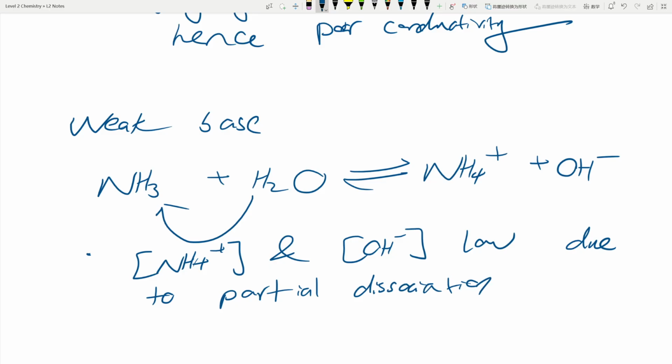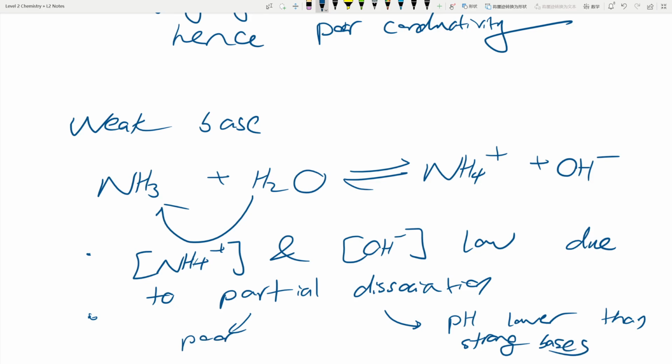Due to partial dissociation, this results in two things. The pH is going to be lower than the strong bases, and it's also going to have poor conductivity.